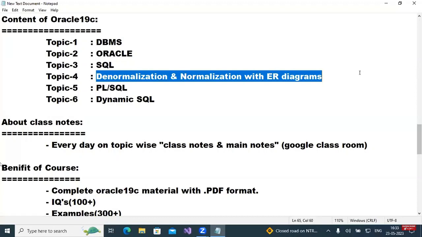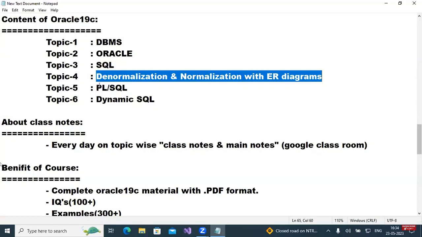Just as you learn C language, then Java, then .NET, then Python, C is the mother of languages. Yes or no? The same as SQL is the first language. Without SQL, you can't do anything on the database side. That's why SQL communication is compulsory. Then go for advanced level PL/SQL.